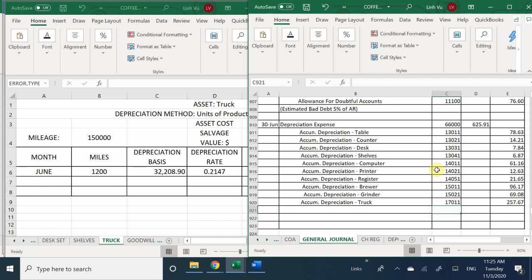Good. Okay. And then again, you can go ahead and make a note saying adjustment for depreciation. Okay.